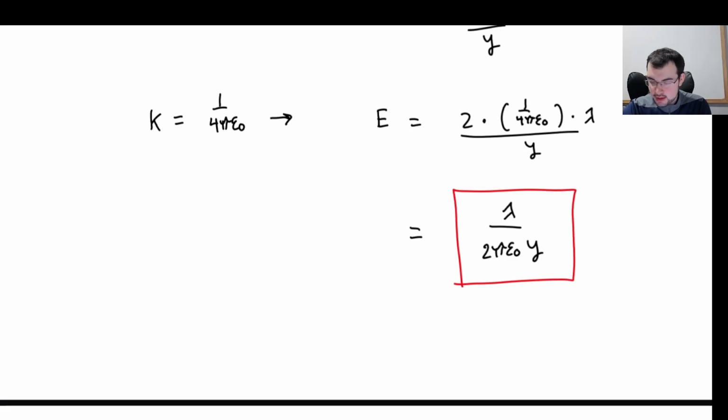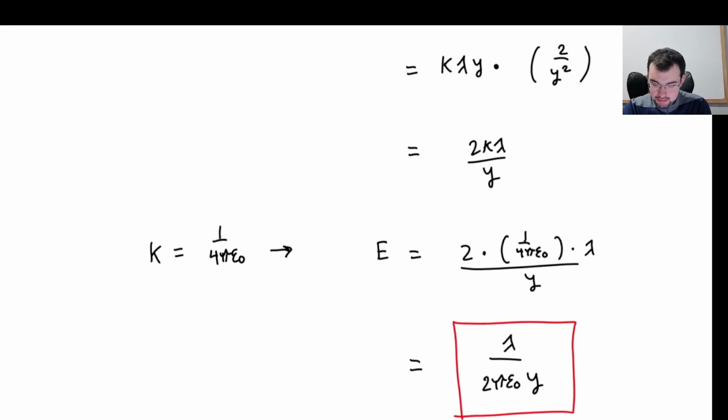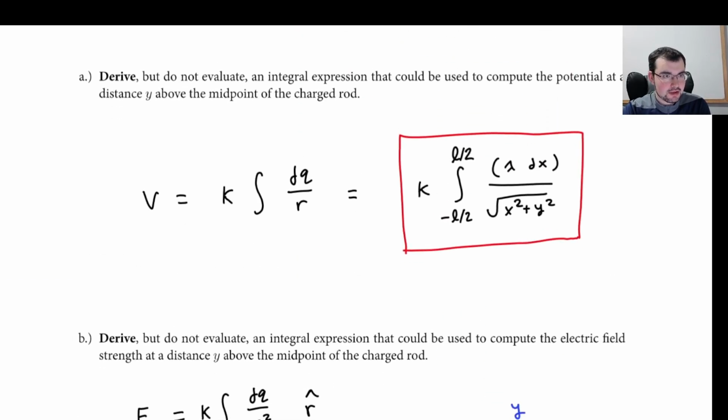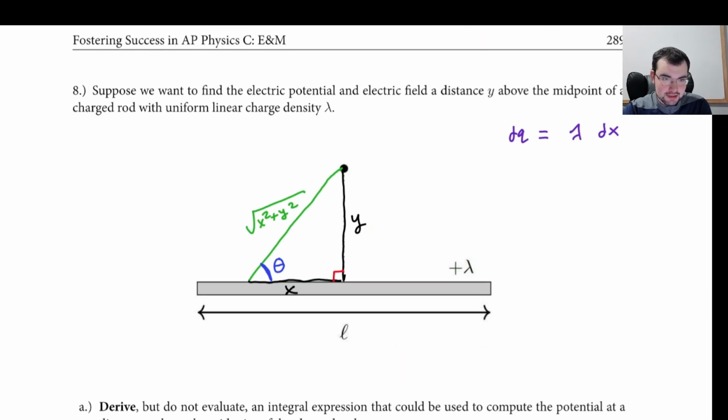So that's continuous charge distributions. The good thing with this is that even though these are very difficult problems and the derivations are tricky, these are all the ones you have to know. And I even went beyond in some of these, but for AP C specifically, you need to be able to recreate the integrals for this one.